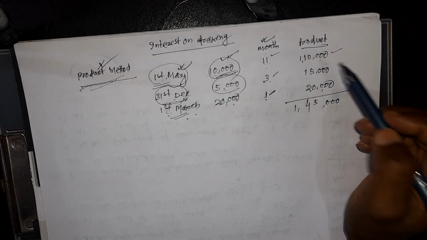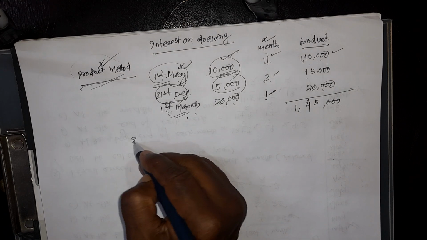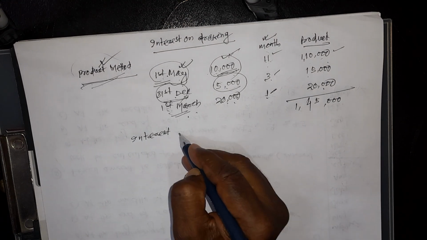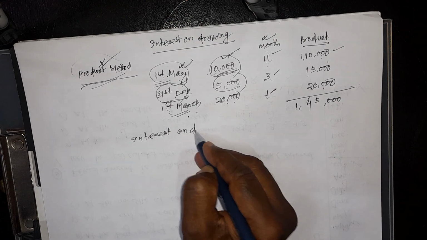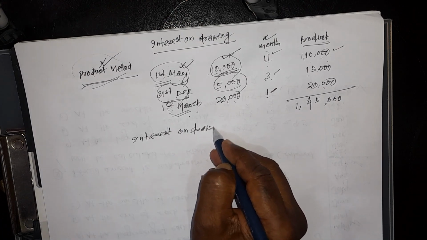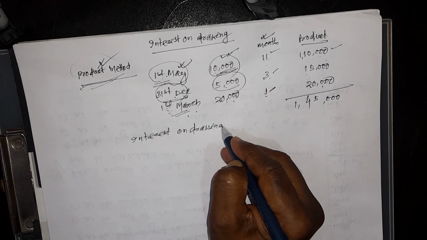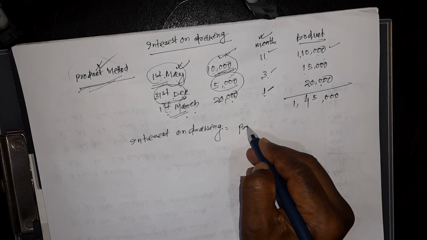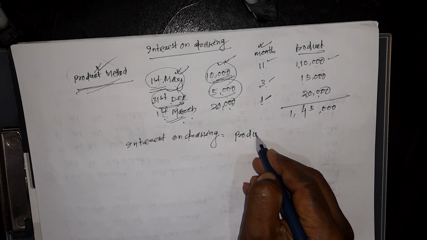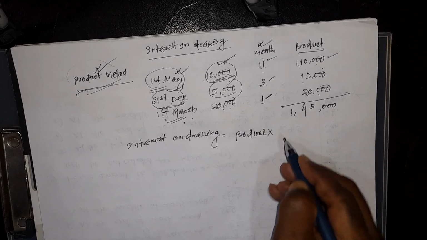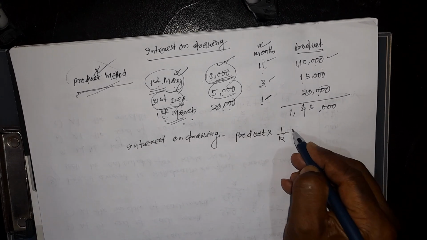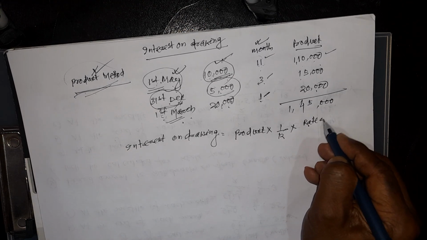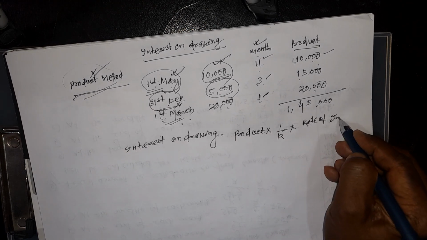This is the product. So how will you calculate the interest on drawing under this method? Interest on drawing equals the total product into 1 by 12 into rate of interest by 100.